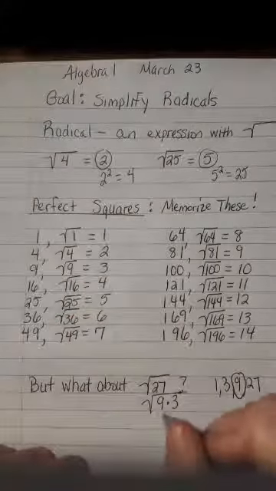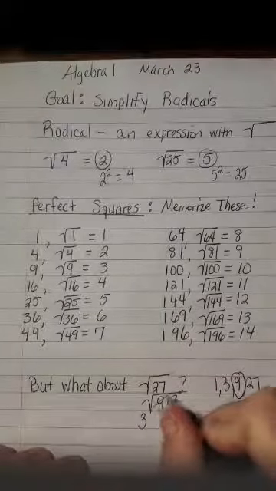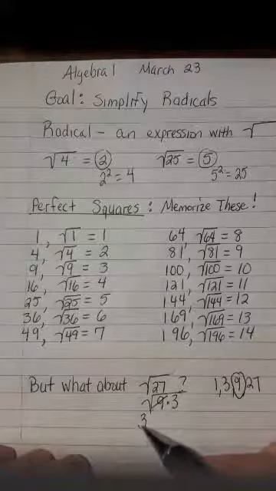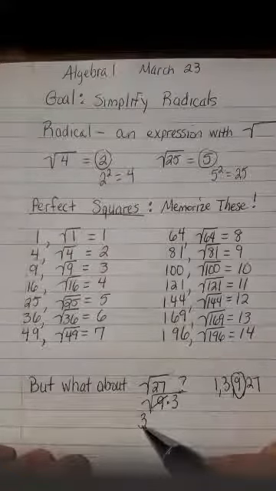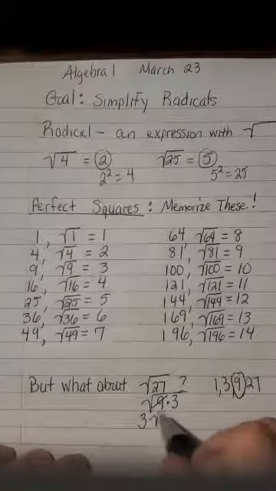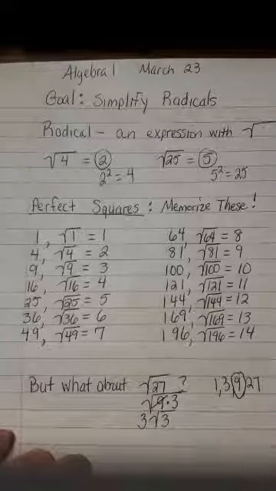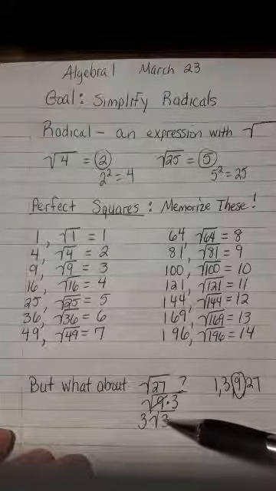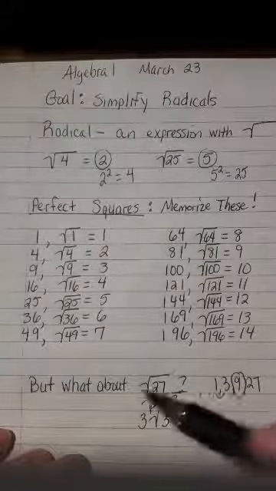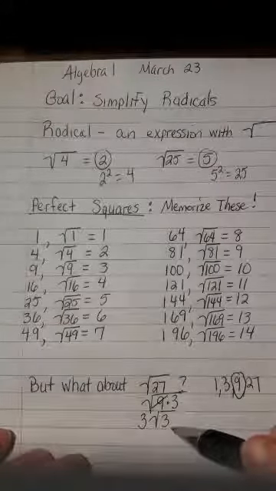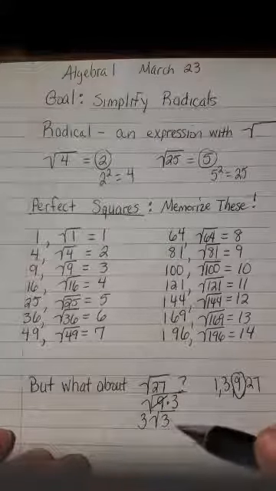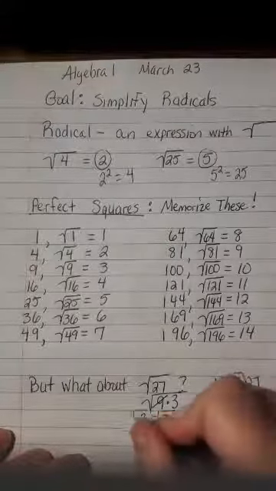So that 3 comes on the outside, and I'm going to mark the 9 out because the square root of 9 is 3, so it comes on the outside of the radical symbol, and you leave your other 3 on the inside. The way you read this answer is 3 on the square root of 3. It means 3 times the square root of 3. Sometimes people say 3 square roots of 3. But that is your answer.